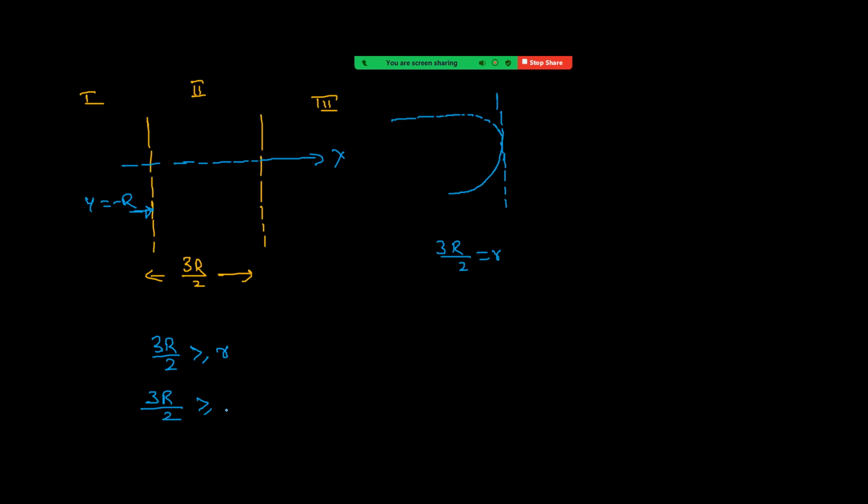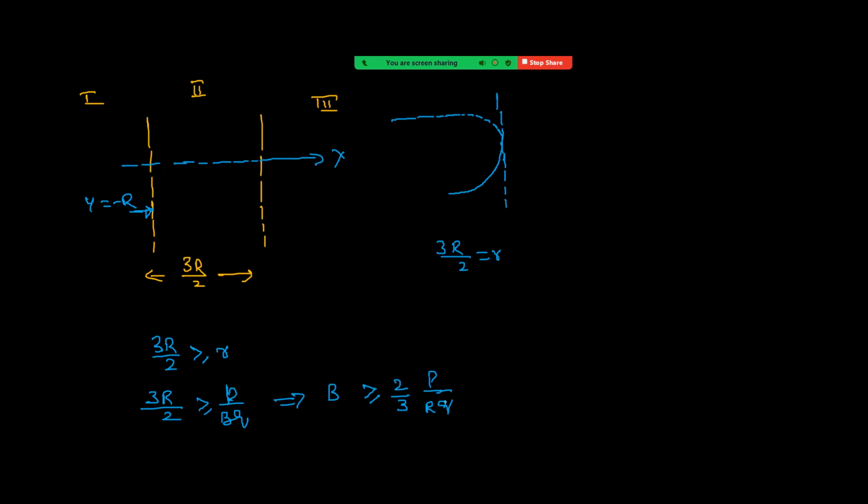It is given field B, momentum P. That means I can write it in the place of mv, that is P, so radius is mv by qB. From this we can write the V value should be greater than or equal to 2 by 3 into P by QR. That is now the condition.